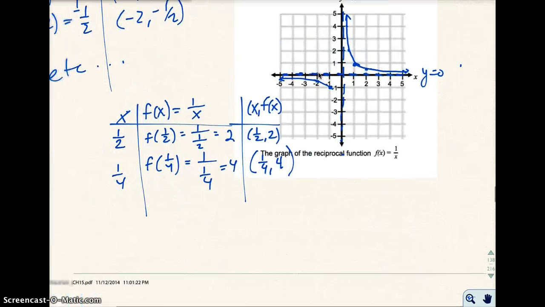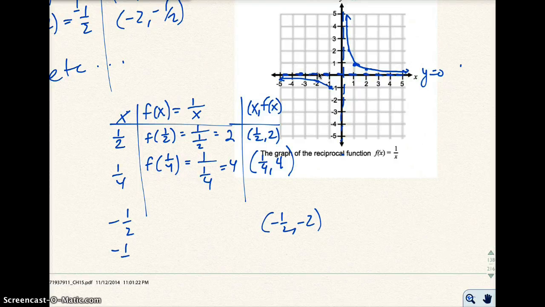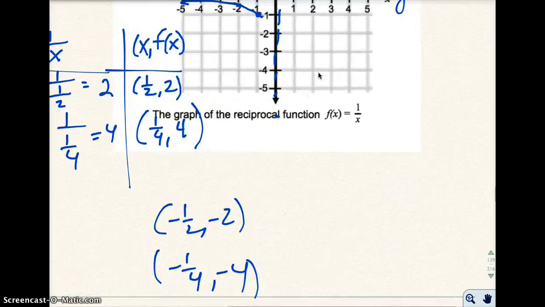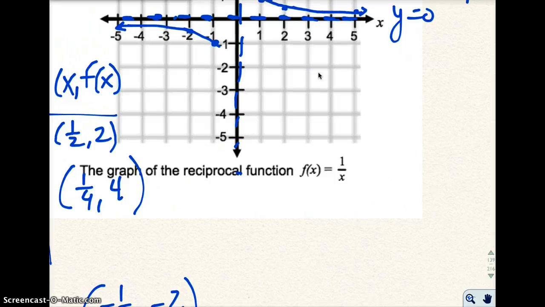Likewise, if we made these negative, if I did -1/2, I would just get -2, and for -1/4, I would get -4.